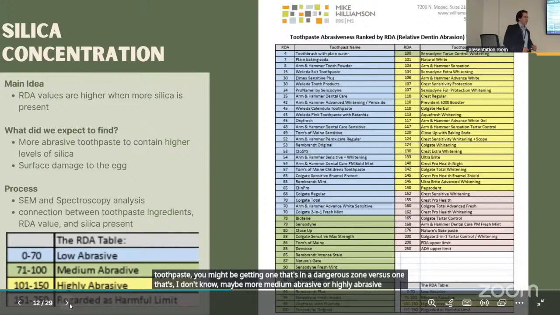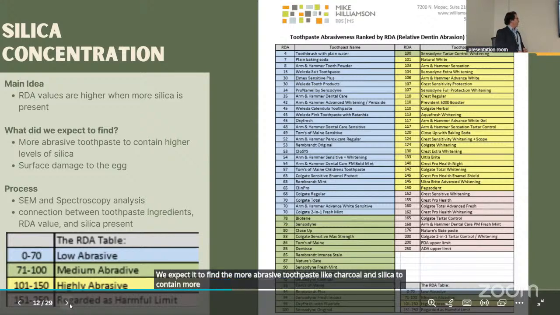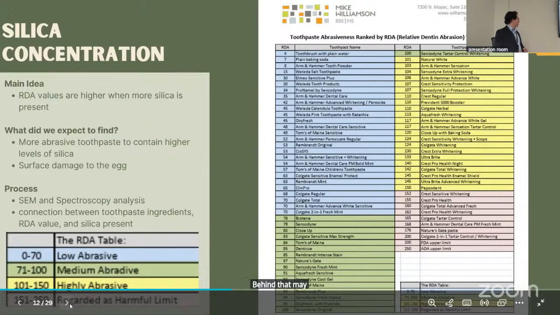Okay, anyways, we talked about how the RDA value is aligned with higher silica concentration. We expected to find the more abrasive toothpaste like charcoal and silica to contain more abrasive particles. Along with that, we captured images of different eggs and tried to examine the surface to see if we could pick up any sort of surface damage or stuff left behind that may indicate evidence of abrasion.